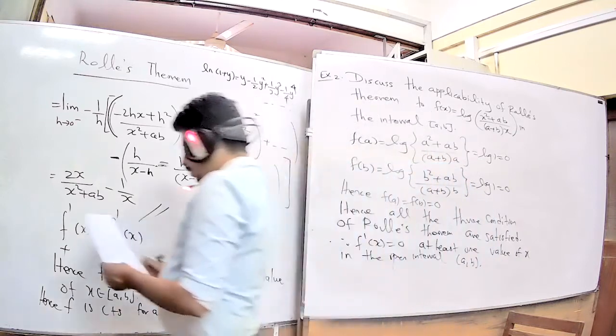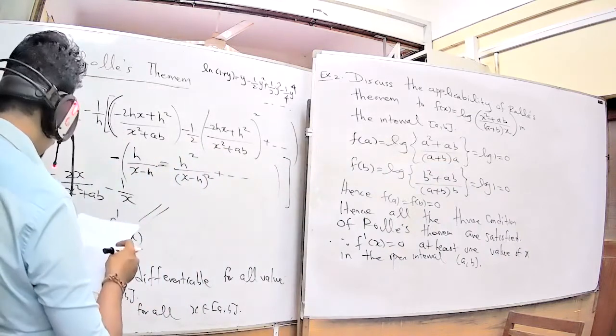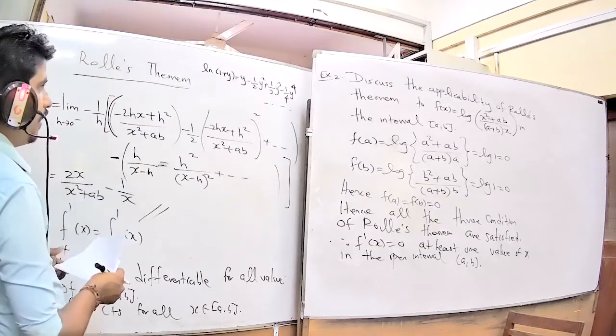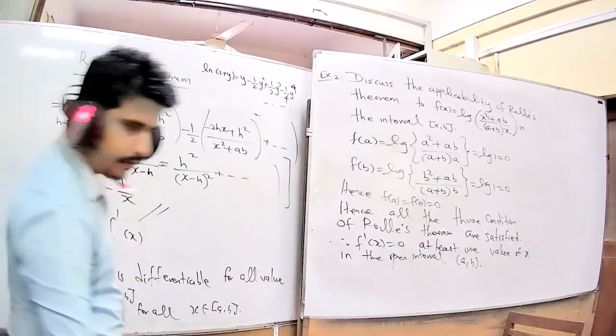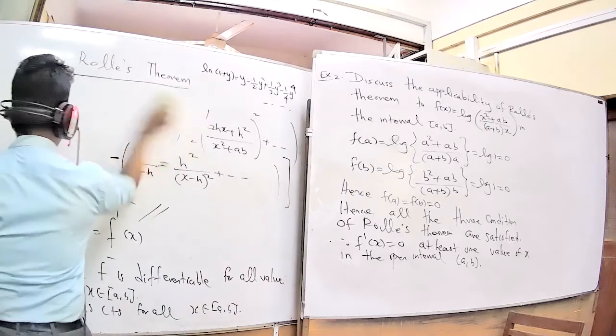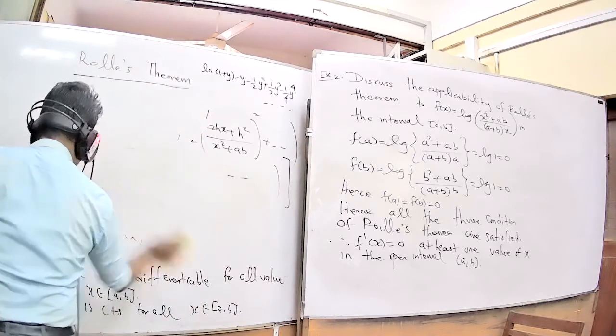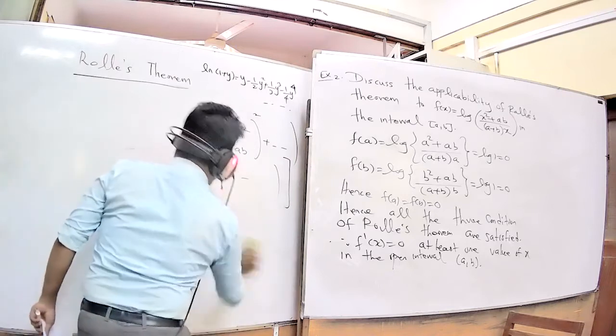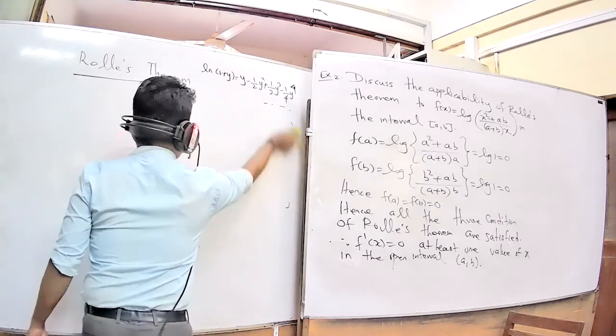That value you want to find. At least one value of x exists where f dash of x equals 0. Now you have the formula for f of x and you want to find f dash of x, so you take the derivative.